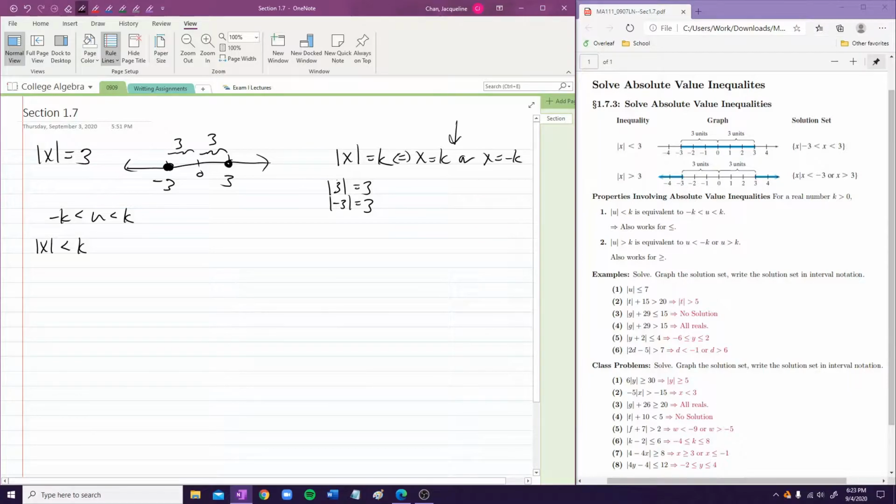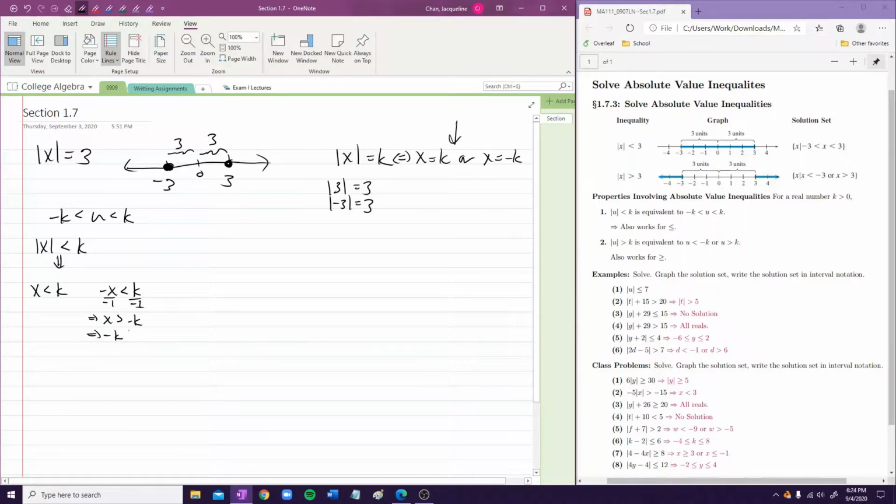So positive or negative inside the absolute value, it will spit out the same answer. So let's use the definition. I can rewrite this as x is less than k, and I can also write this as -x is less than k. If I divide both sides by -1, by property 6 from inequalities, we have to flip our sign. So this becomes x is greater than -k.